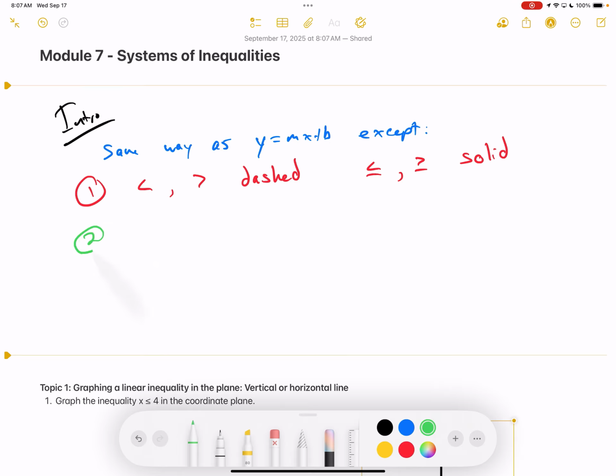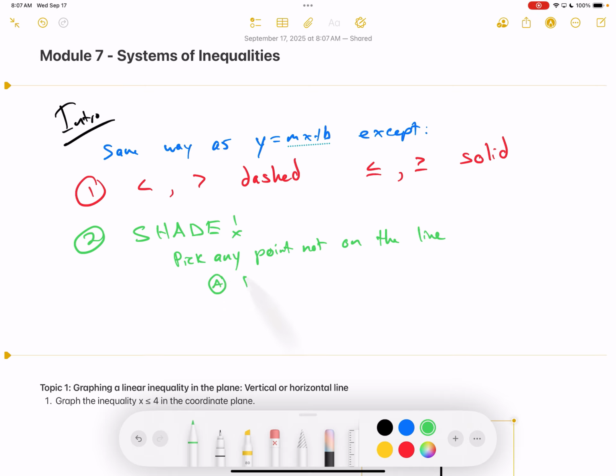And then the second thing is you have to shade one way or the other. That is why the easiest way to solve these is to graph them. The way you shade is you pick any point not on the line.